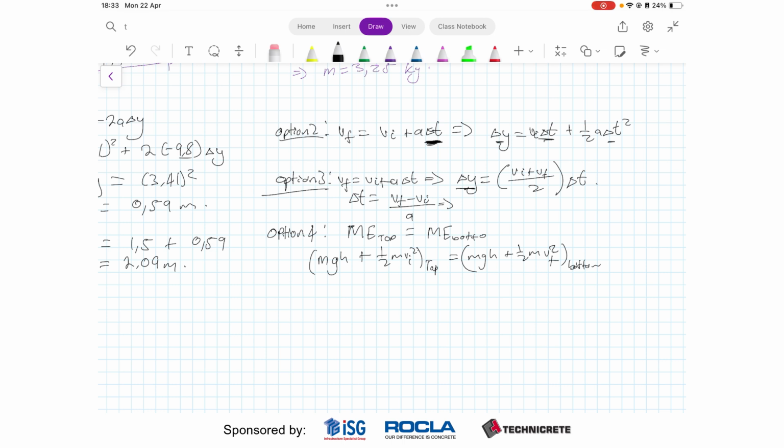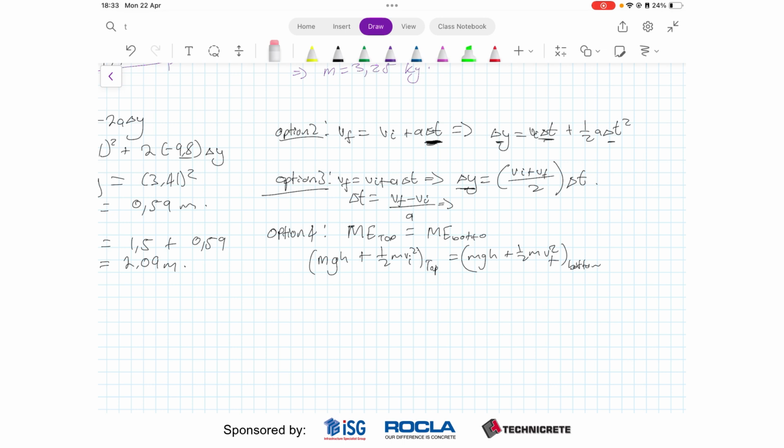Okay, so from here we know that the potential energy of block A at the top is given by mgh, with g as 9.8.